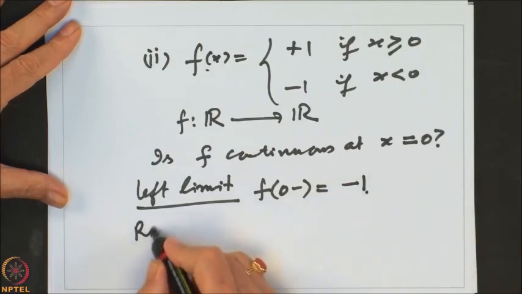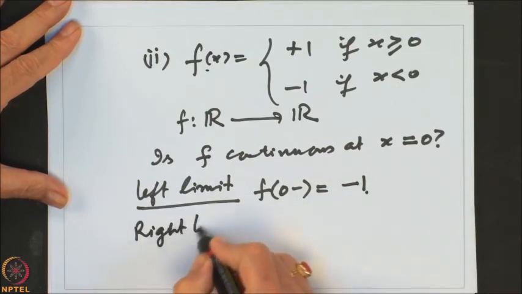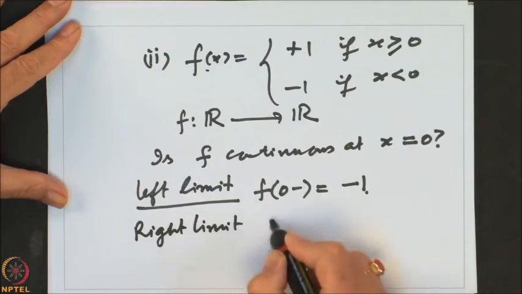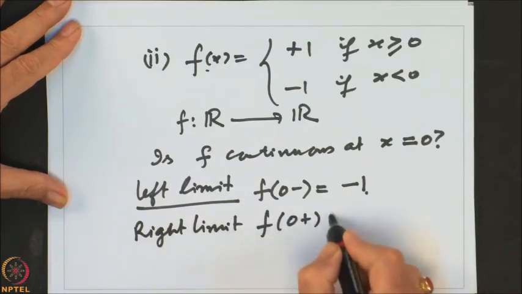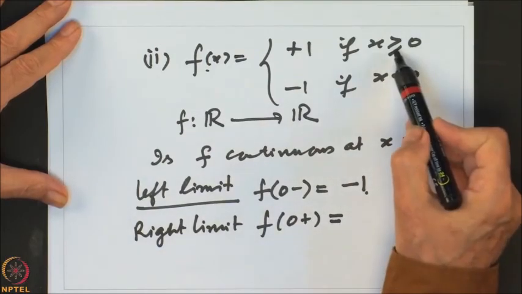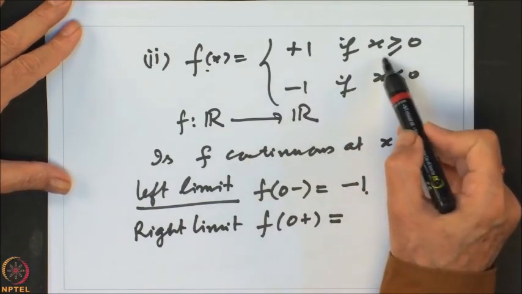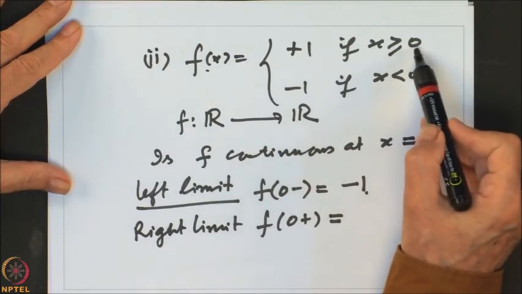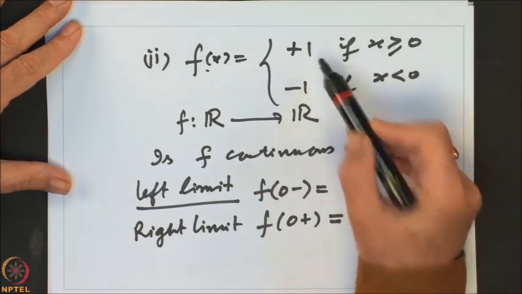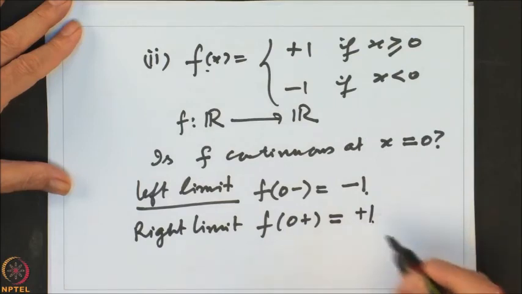What is the right limit? F of 0 plus: when x is bigger than or equal to 0, the value of the function is 1. So, if I take a sequence x_n bigger than or equal to 0 and converging to 0, it will converge to 1. So, that is equal to plus 1.